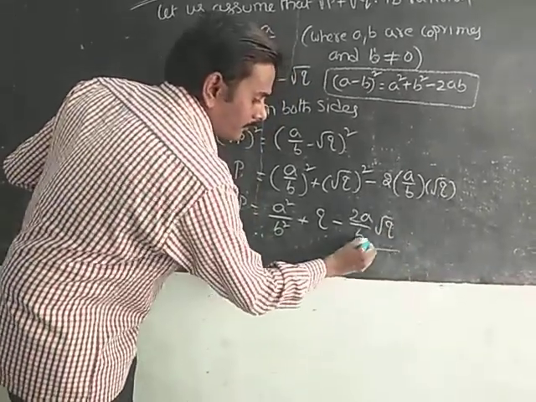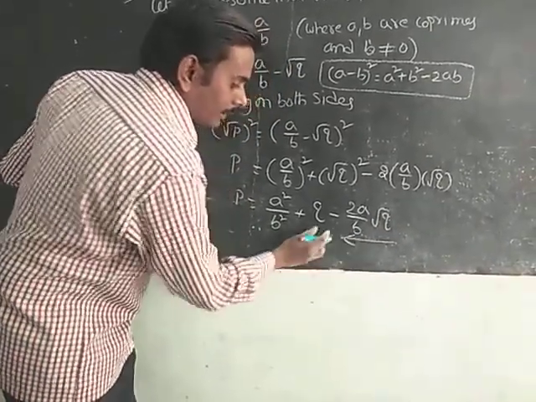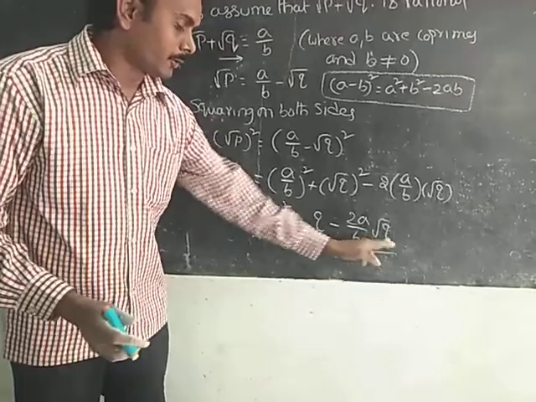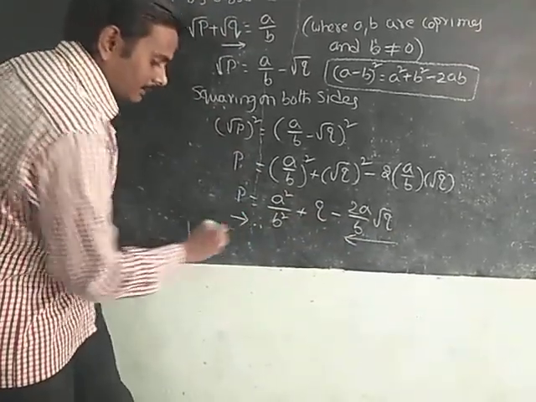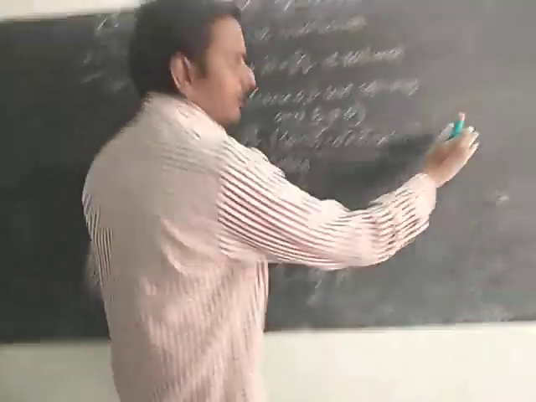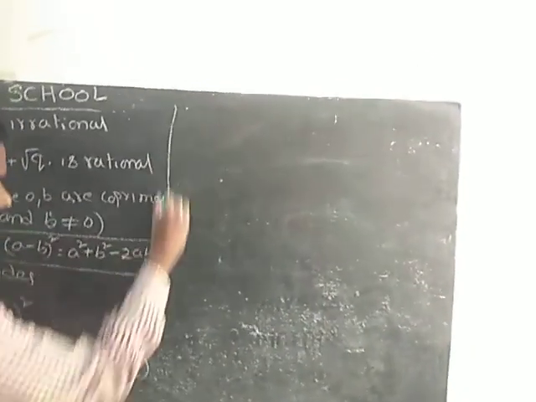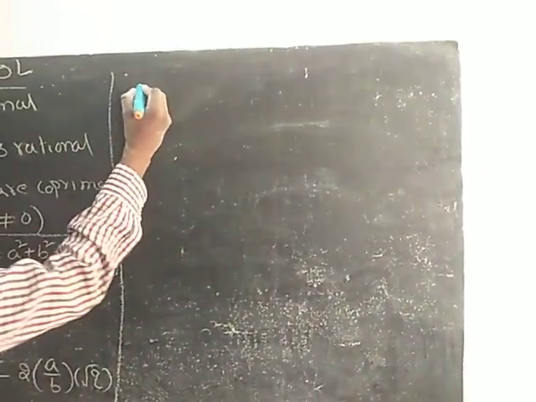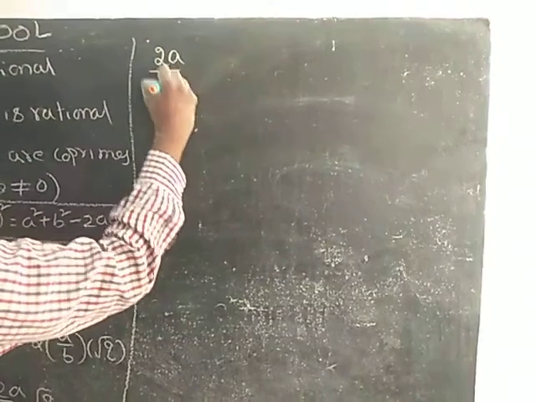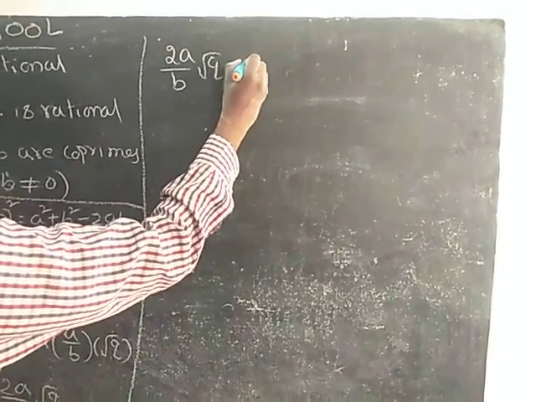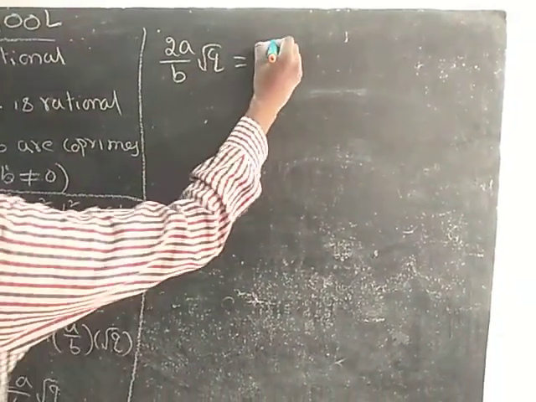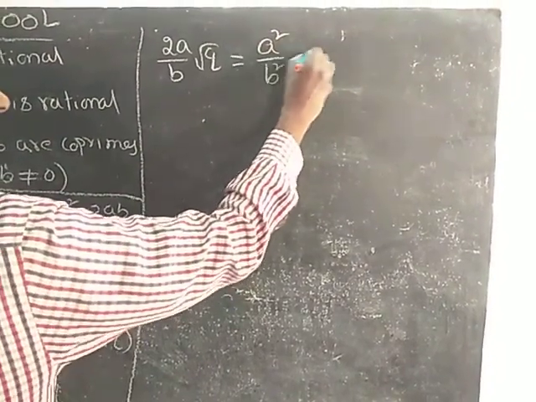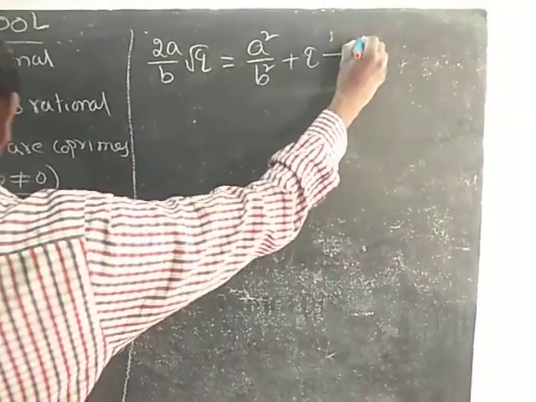Now we will do simplification further. We have to move the 2a by b root q towards the LHS and p towards the RHS. So 2a by b root q equals a square by b square plus q minus p.